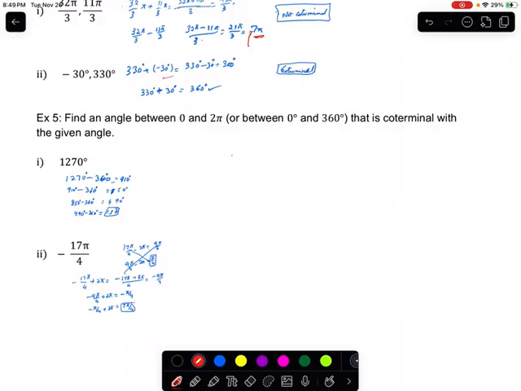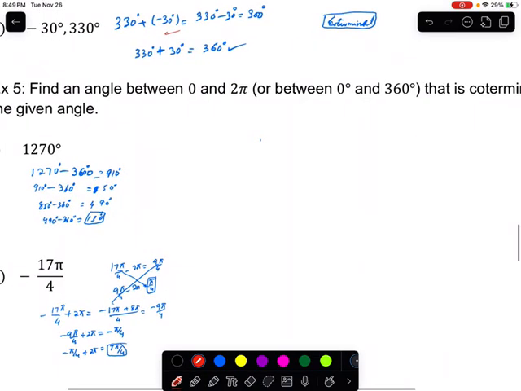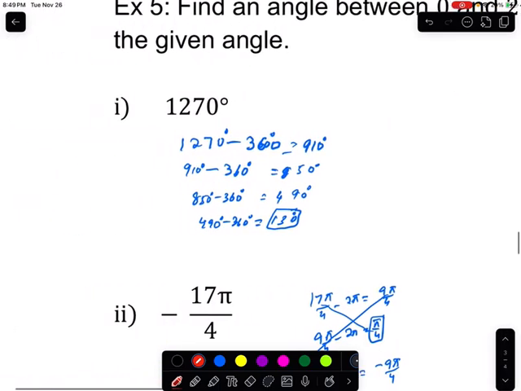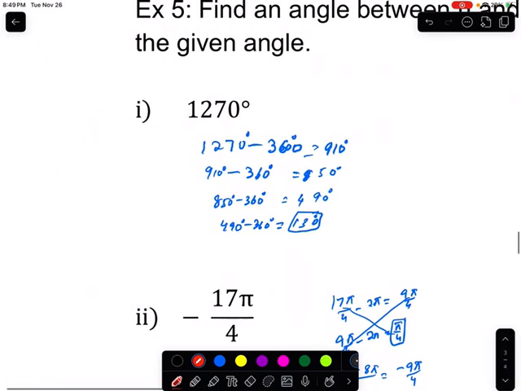So here, first example, I have 1270 degrees. I start by subtracting 360, the first multiple of 360. So we get 910. Now this is still bigger than 360, so we keep on subtracting 360 until we get an angle which is positive and less than 360.